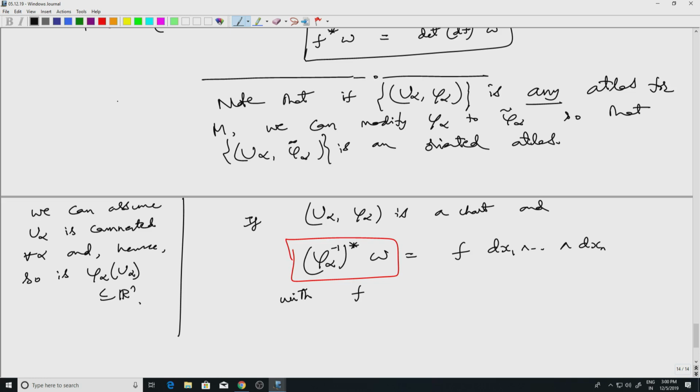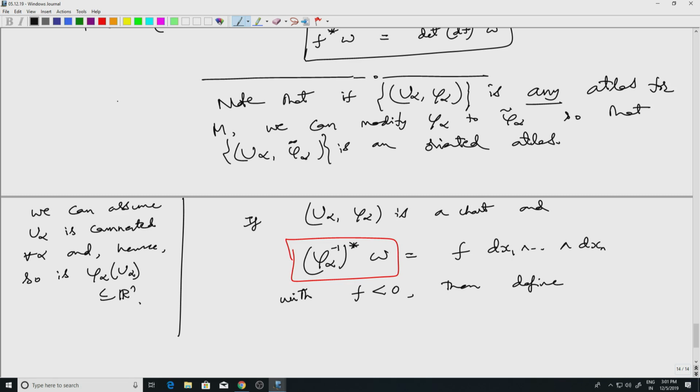If it's strictly negative, then what I'll do is use a reflection in the first two coordinates in Rn.